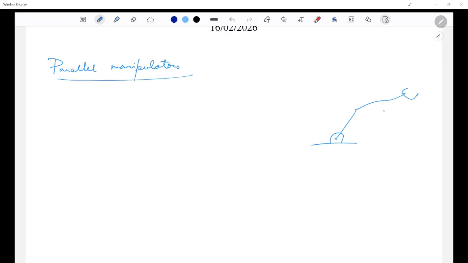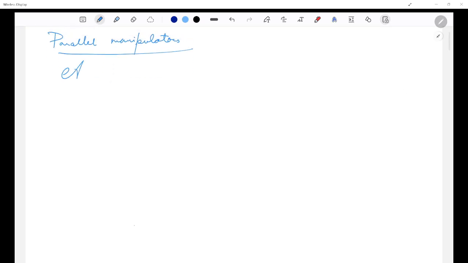They are called parallel manipulators. I'll come to all of that shortly. But before that, what is a parallel manipulator? We'll have some questions also after some time, once we discuss all the concepts.